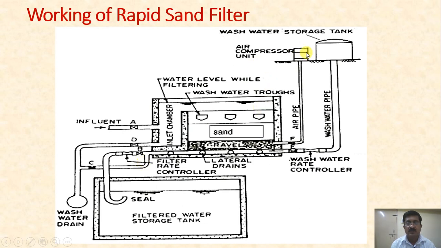Then the compressor unit is provided here. You can see the compressed air can be given to this particular perforated pipe system, right? At the same time, when you are supplying the compressed air, this is a wash water storage tank. From this, at a time you can supply to the wash air pipe, and this wash water is supplied to this.